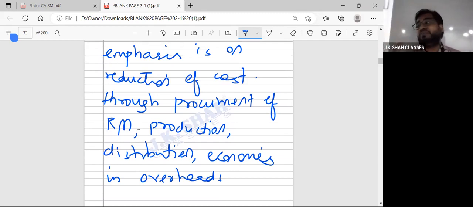Now you tell me, if you want to reduce your cost, in all the facets you'll have to reduce the cost. You will talk to your supplier. You will tell them, I will buy 1 lakh kgs of raw material from you in the entire year. Give me the best possible price. I am ready to enter into an agreement. Will he not give you the best price? He will give you. You will talk to your workers.